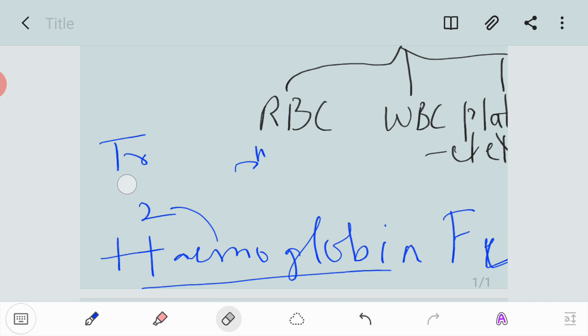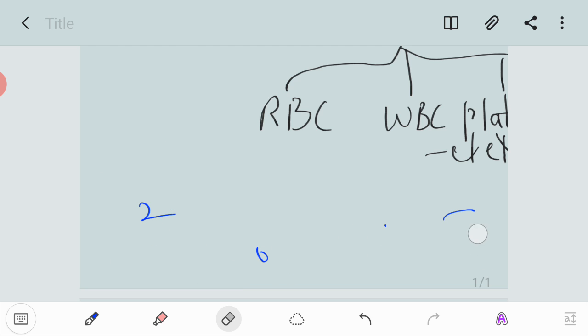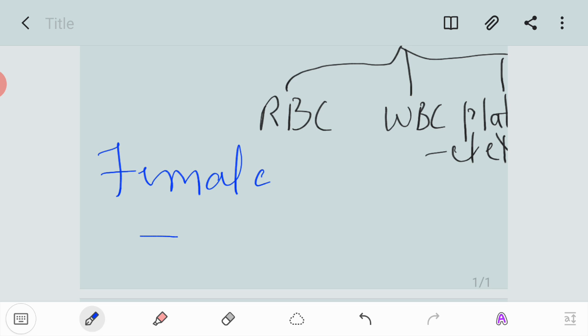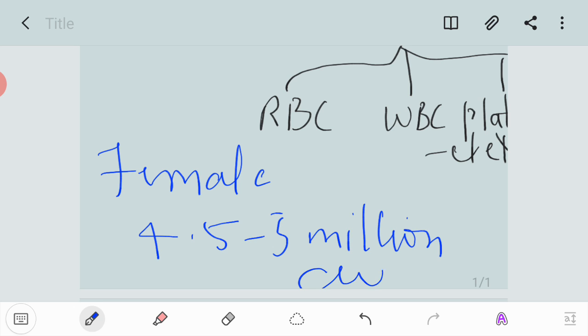Now if you want to see, in a healthy female there are 4.5 to 5 million RBCs per cubic millimeter.